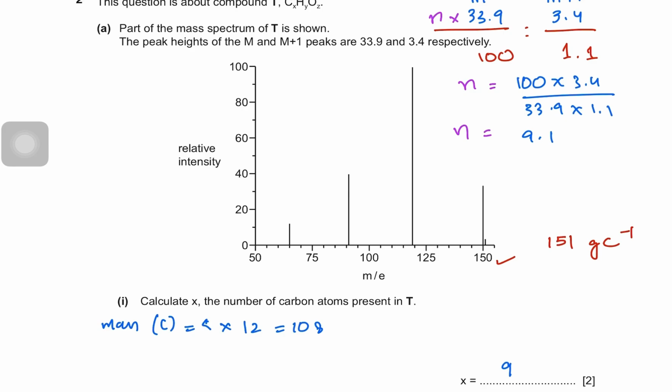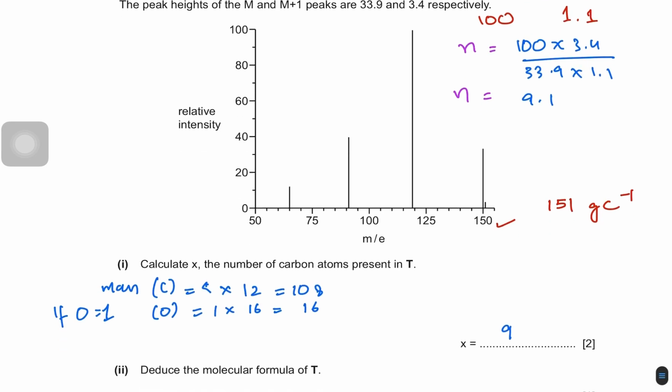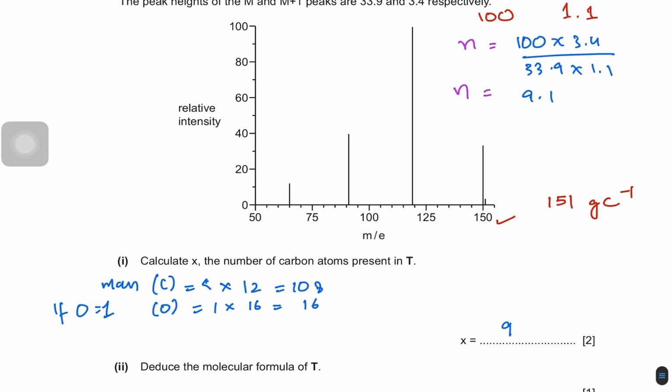If, for example, one oxygen was there, it would give you 16 units of mass. Even then it would not be enough, because you have to reach a mass value of 151 or 150, which is way higher than the mass provided by carbon and oxygen right now.